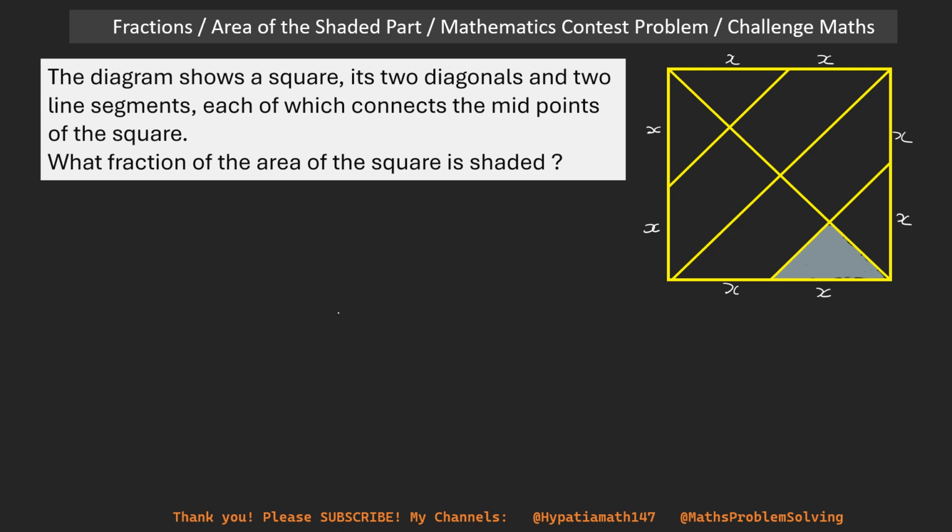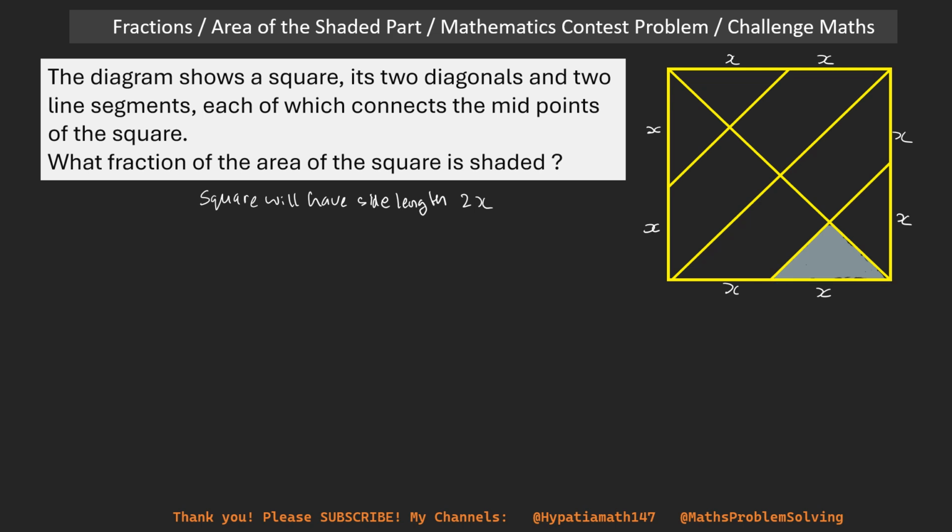So the square will have side length 2x. If the side length is 2x, then our objective is to find this bit. The area of this triangle is all we are concerned about.